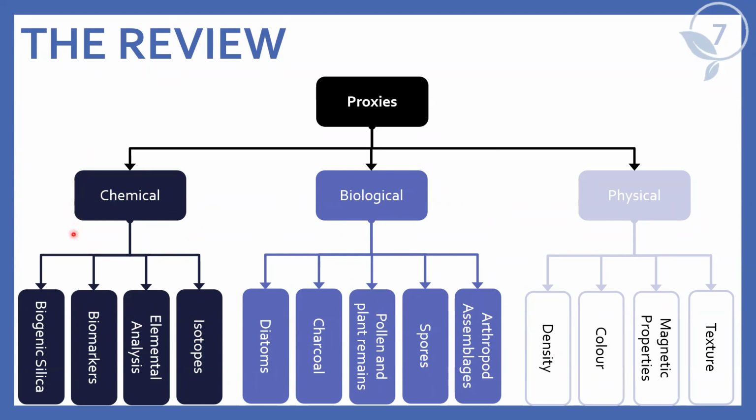Whereas chemical is more the single atom, if you're thinking of metals or isotopes, or complex organic compounds, if you're thinking of biomarkers. So those are the groups of proxies that can be found in sediment or paleosol that can be used to build a story of archaeological sites.